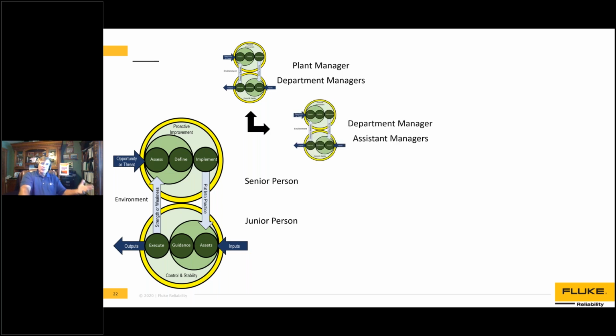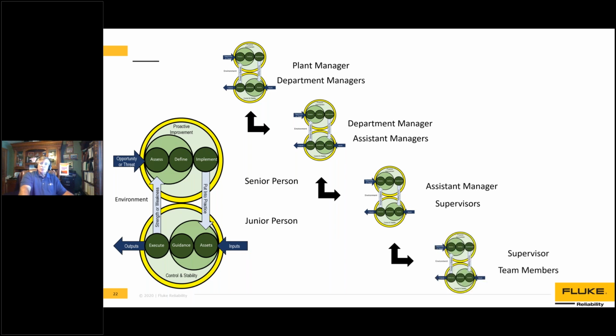But at the next level, those same department managers are the senior person to the assistant managers that report to them. Each assistant manager presumably has supervisors reporting to them, and the supervisors have team members reporting to them. So you can see how this cascading assignment of accountability happens downwards through an organization.